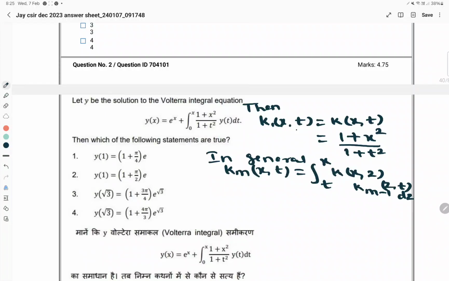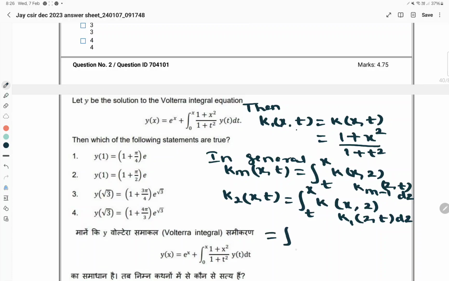With the help of k m, I am going to find k2 of x comma t. What is k2 of x comma t? Integral t to x of k of x comma z, put m equal to 2, it becomes k of x comma z times k1 of z comma t dz.